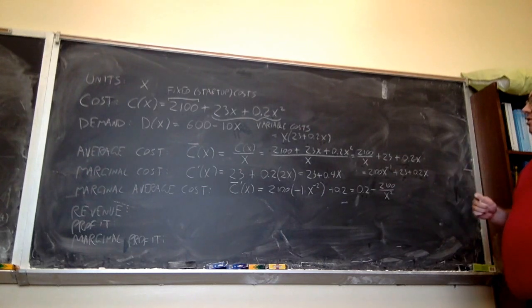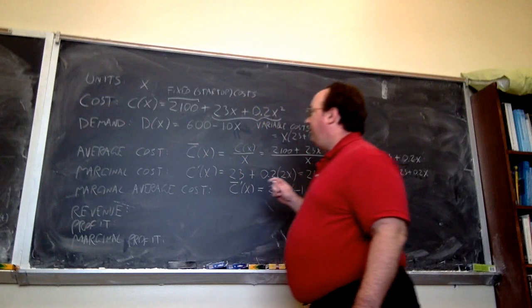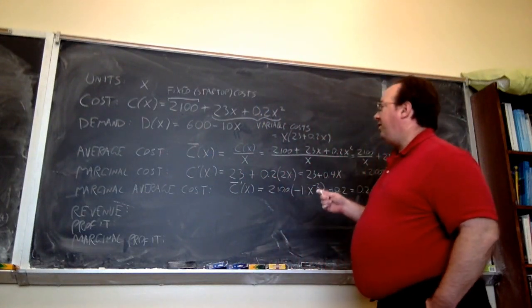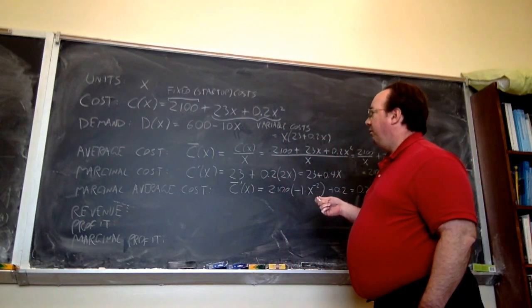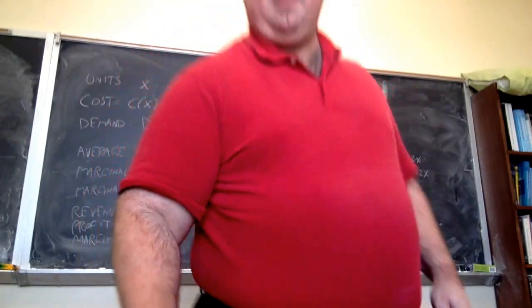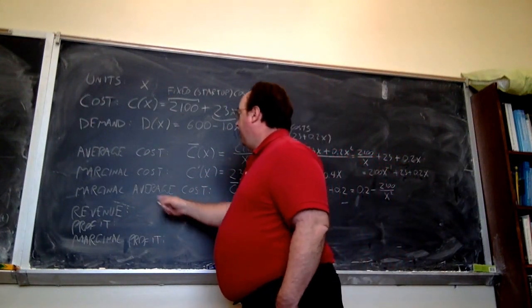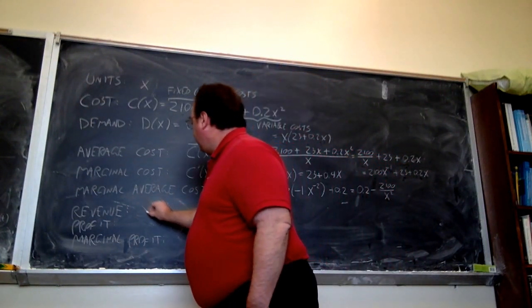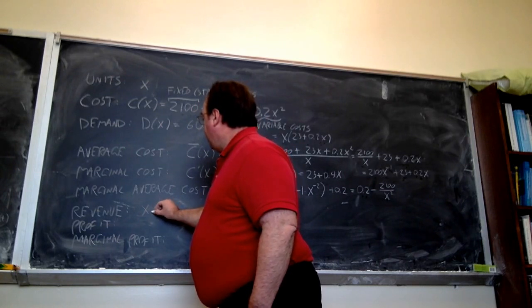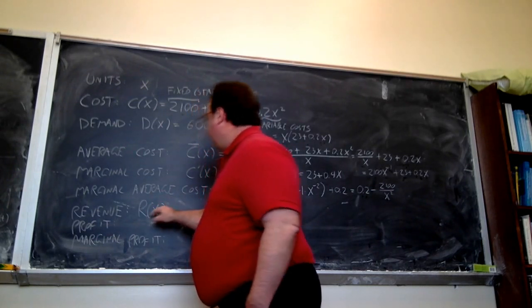Now, the demand function is going to come into play. So the demand is used to set the price of x units. So the revenue is the number of units sold times, well, I'll denote it by R of x for revenue.